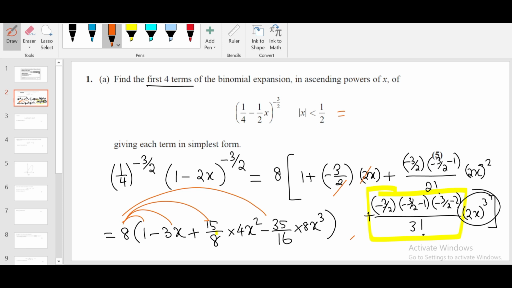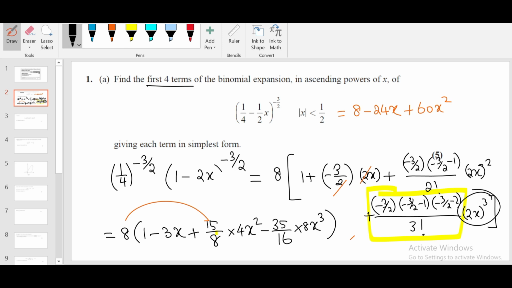So you will get 8 minus 8 times 3, which is 24x. When you multiply 8 with this term, 8 will be cancelled. 15 times 4 is 60x squared. I just realized a little mistake we made here. This is the common mistake you are also going to make in the exam.